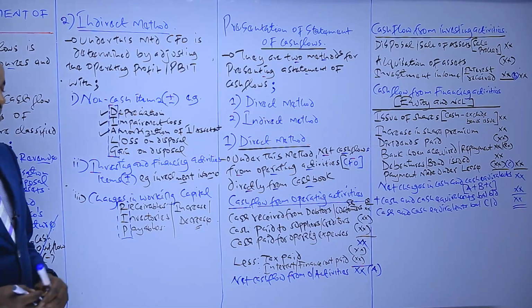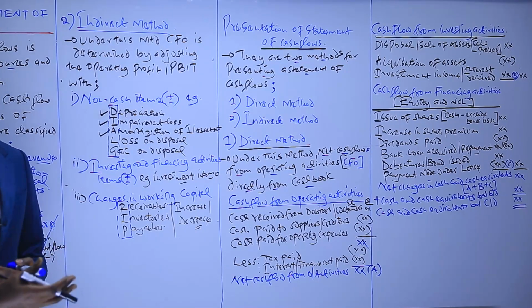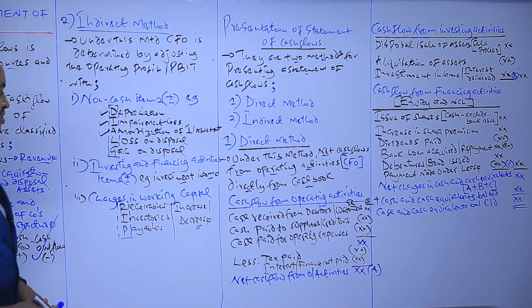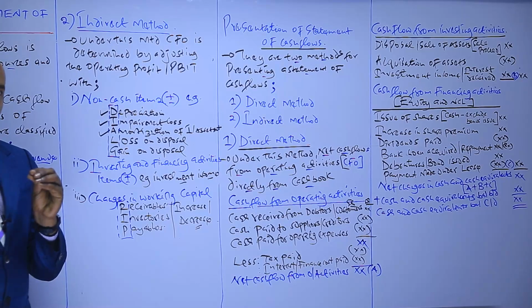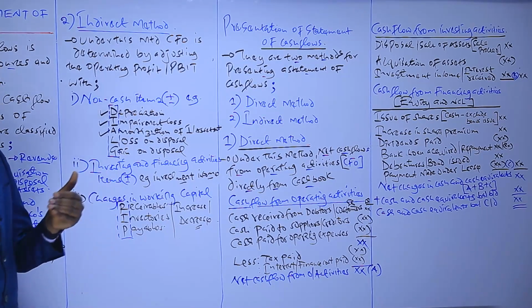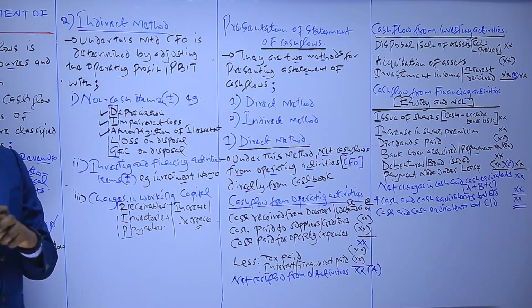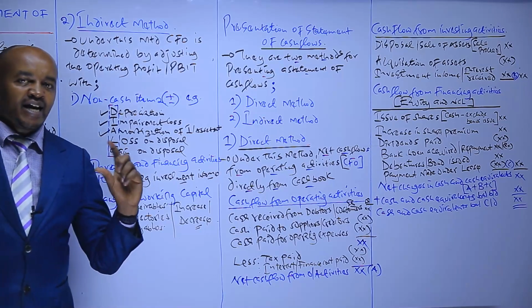Once you determine the increase or the decrease, you have to determine whether it is a cash inflow or cash outflow. For instance, if the inventory increased, it is because more inventory was purchased, so an increase in inventory is automatically a cash outflow.